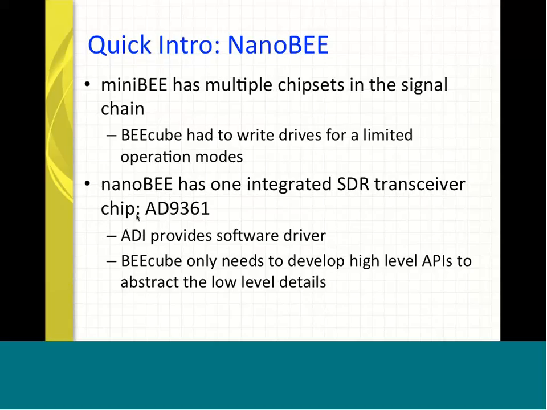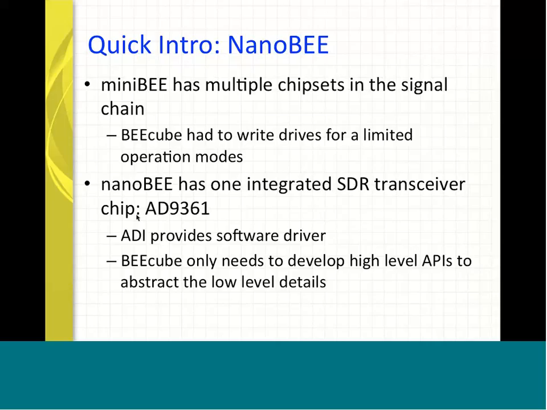So we have a new product called nanoBEE. It's just one integrated SDR transceiver chip, the ADI 9361. ADI provides the software driver, so think of it as the EDK driver already written by ADI.